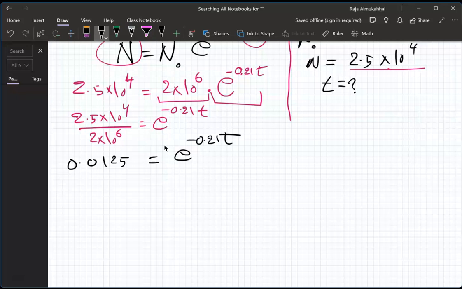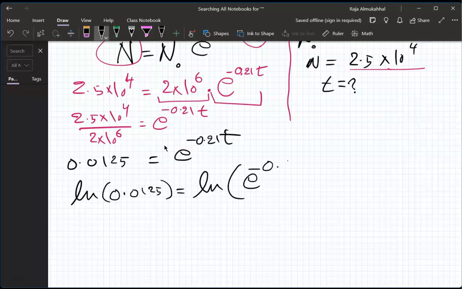So what I want to do now is take natural log on both sides. You see what I'm saying? So I take natural log on both sides: natural log of 0.0125 equals natural log of e to the minus 0.21 t. The left-hand side is just a number, so I can get a log of that.